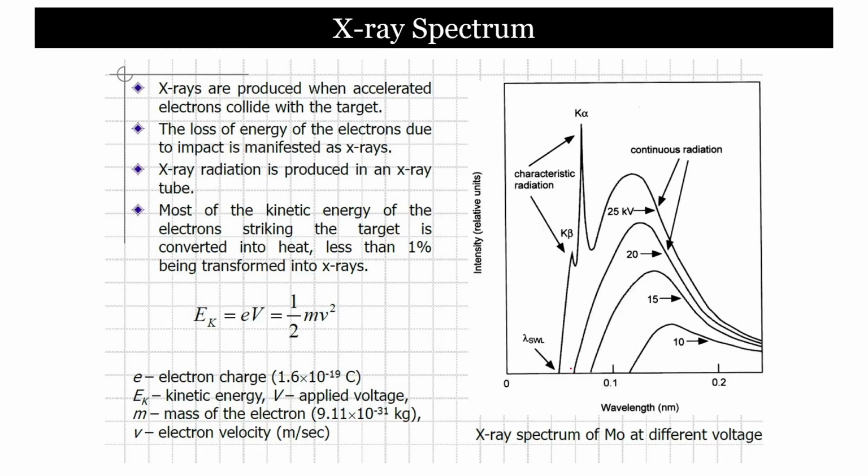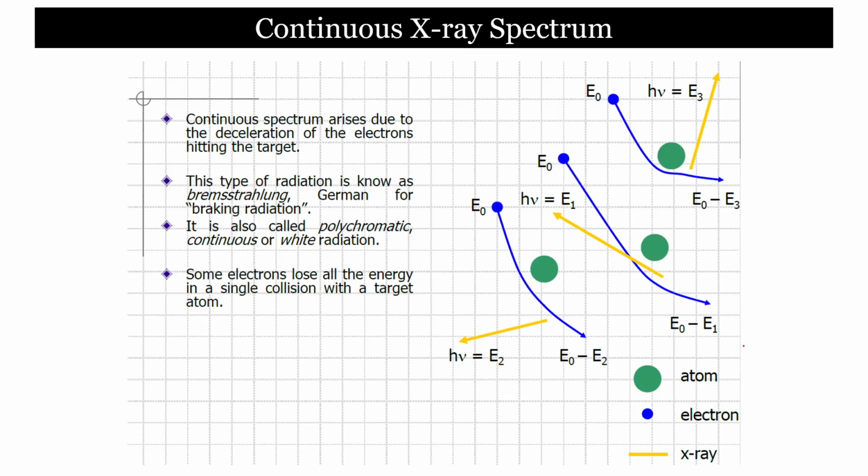So this all contributes to the continuum spectrum of the X-ray, which is shown from this region to this region. This is a continuous spectrum. No characteristic wavelength radiation is generated in this case. This type of radiation is known as Bremsstrahlung radiation, which in German means braking radiation.